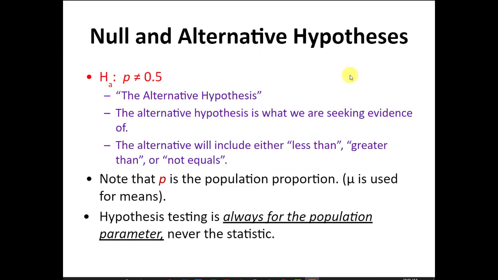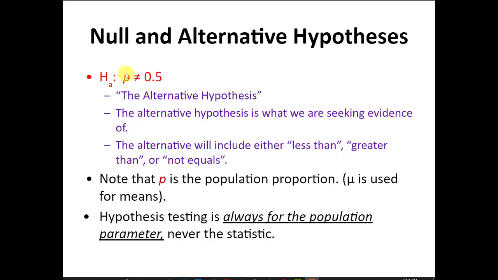The other hypothesis is called the alternative hypothesis. You might see the notation for the alternative hypothesis in two different ways. You might see it as a capital H with a subscript of an A, or you could also see it as a capital H with a subscript of a 1. You'll see the colon, and then you'll have the population parameter notation.